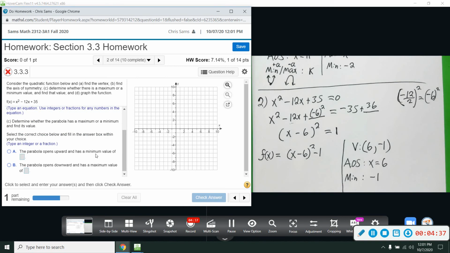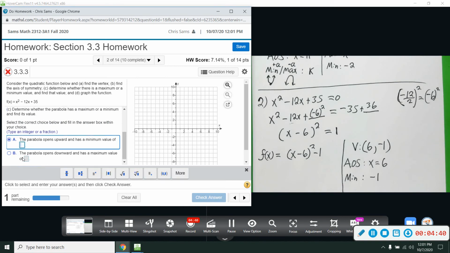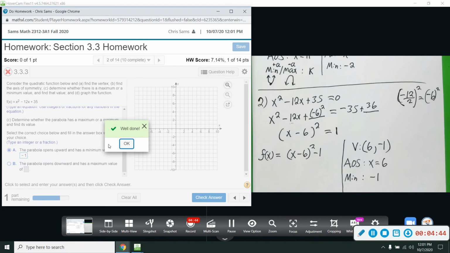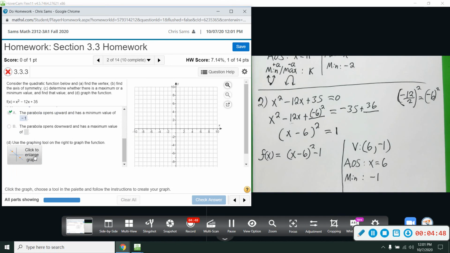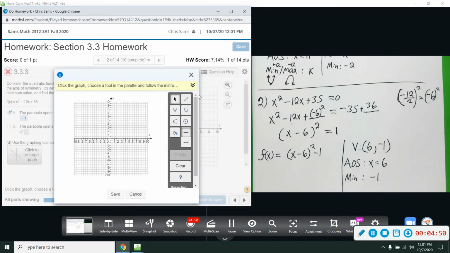The parabola will have a minimum value of negative 1. And now we want to graph this. Okay, so because we have x squared, that's our biggest exponent, we know that we're going to have a parabola. So you have to click that image, and then I will go to the graph and plot the vertex.